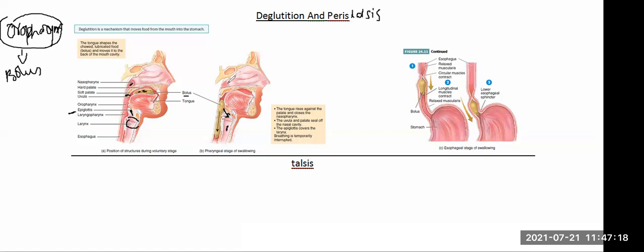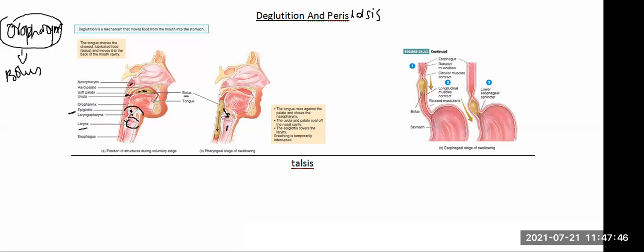The returning impulses let the uvula and soft palate move upward, closing the nasopharynx, so food will not enter it. At the same time, the epiglottis, which is a cartilage, will cover the larynx, so food will have no chance of entering the windpipe.